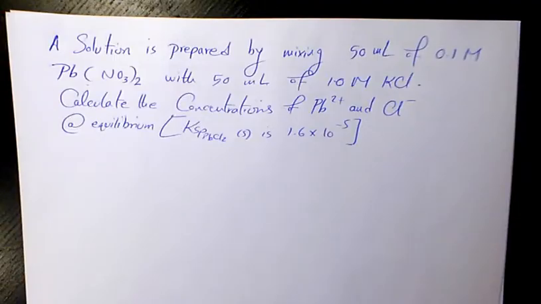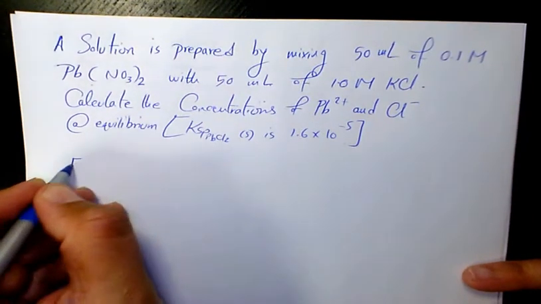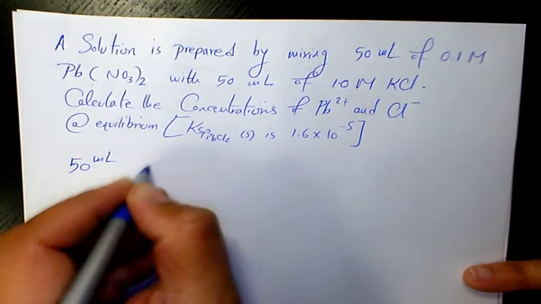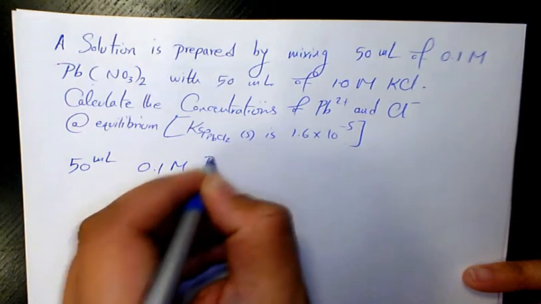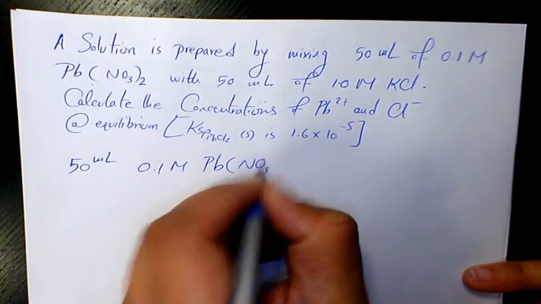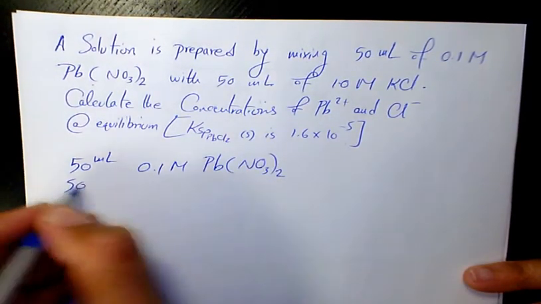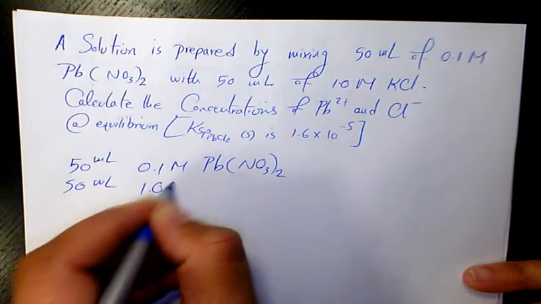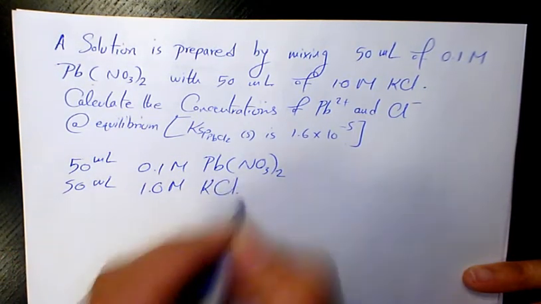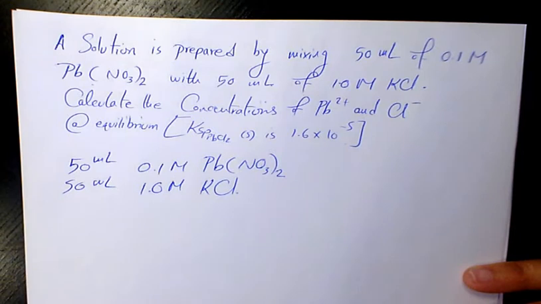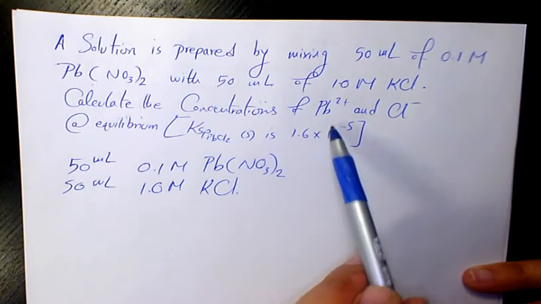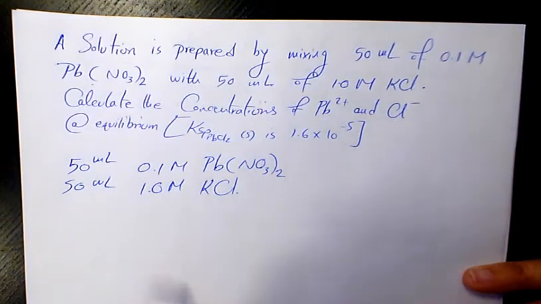In the next example, it says a solution is prepared by mixing 50 milliliter of 0.1 molar lead nitrate with 50 ml of 1 molar potassium chloride. Calculate the concentration of lead and chloride at equilibrium.